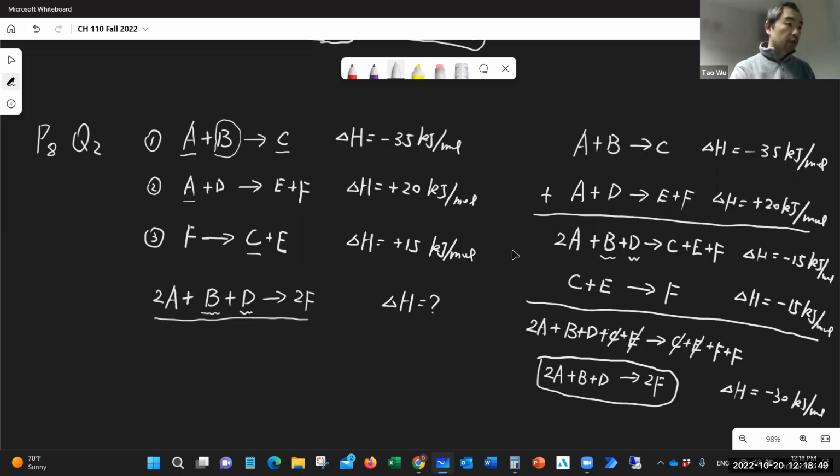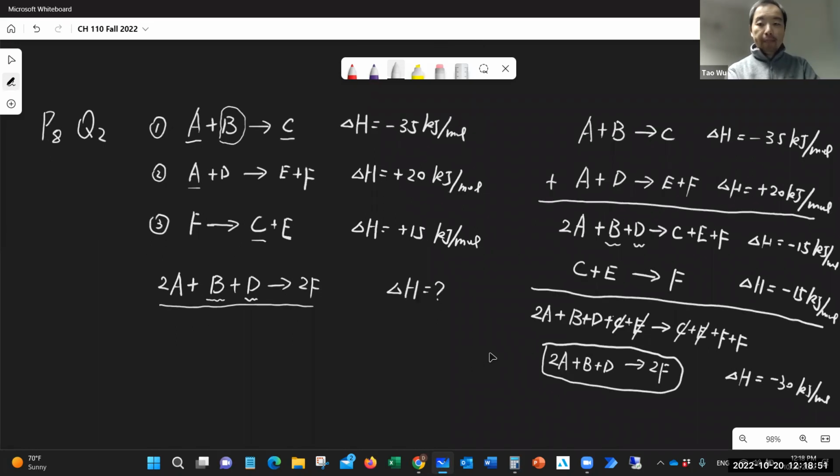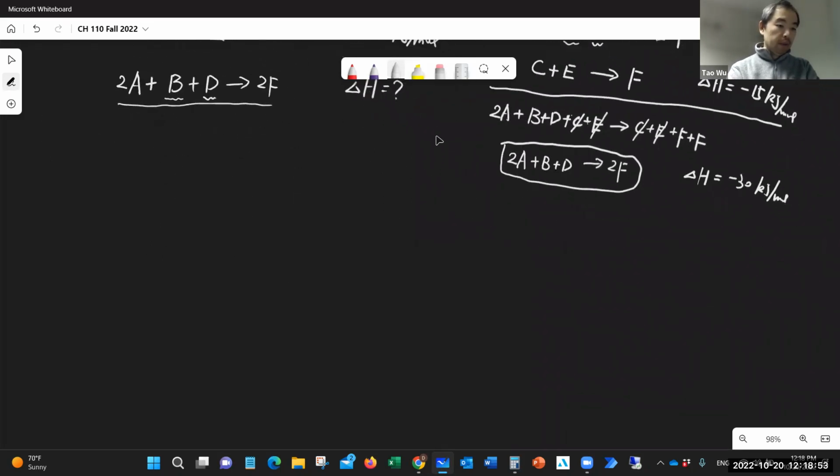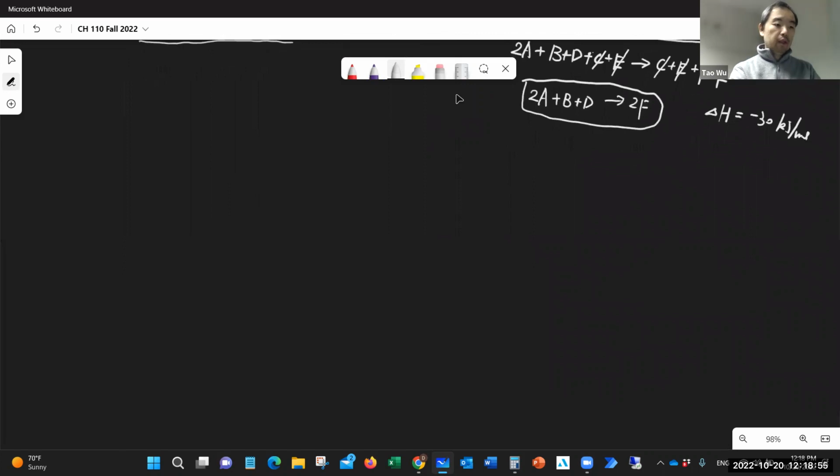And let's turn to page 8, still page 8, question number 3. So these are the given equations over here.